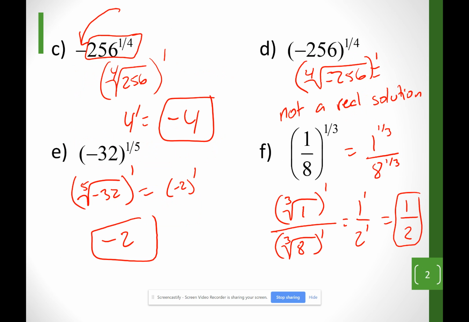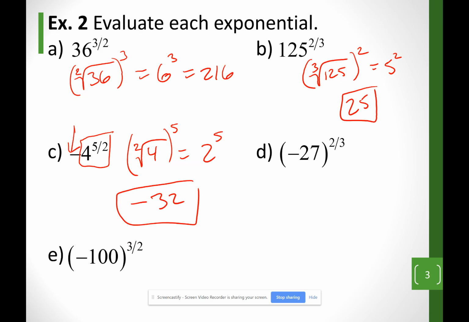Looking at D, let me do the cube root of negative 27 to the 2.